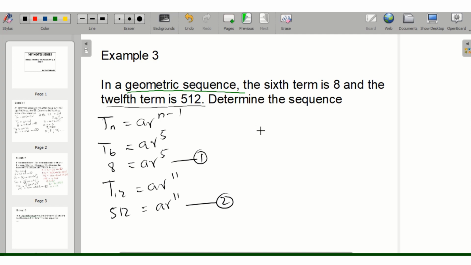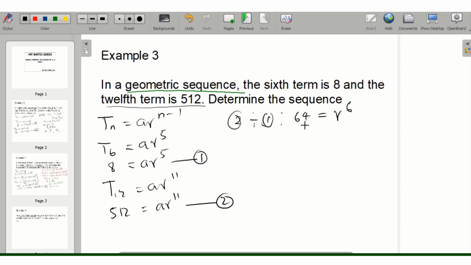And if we say equation 2 divided by equation 1, 512 divided by 8 will give us 64 equals a divided by a is 1, r to the power 11 divided by r to the power 5 is r to the power 6.